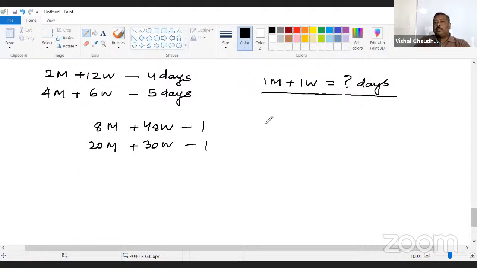So I will equate these two. So 8 men plus 48 women is equivalent to 20 men plus 30 women.